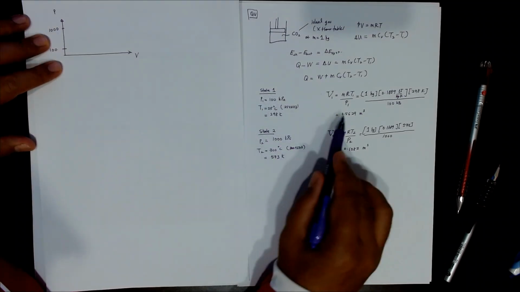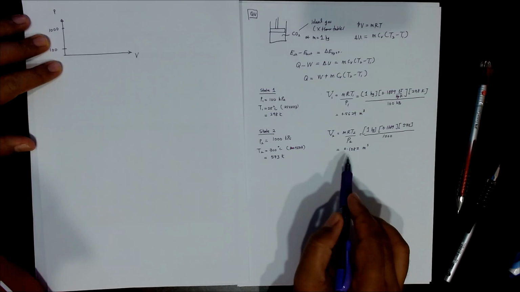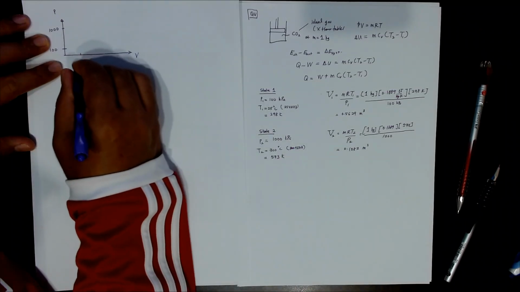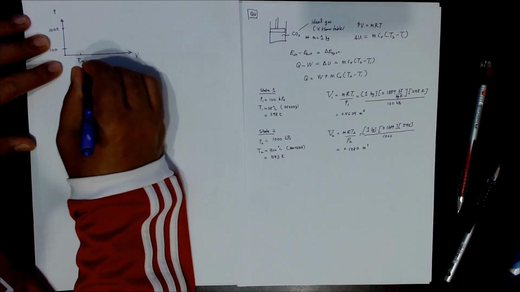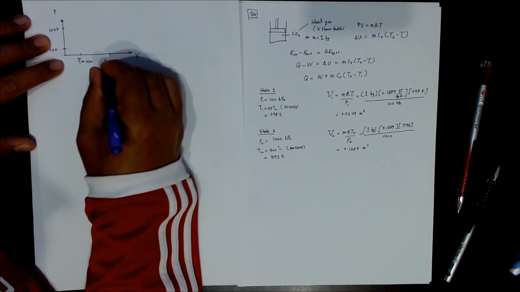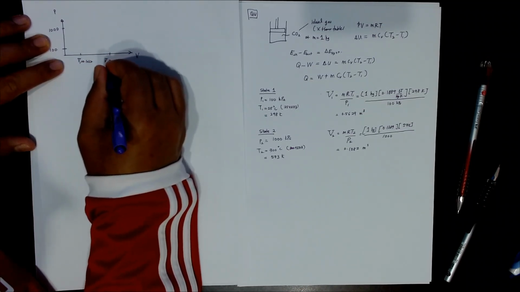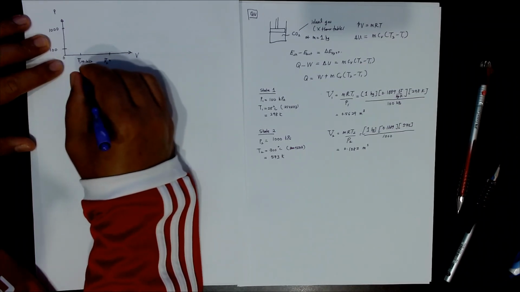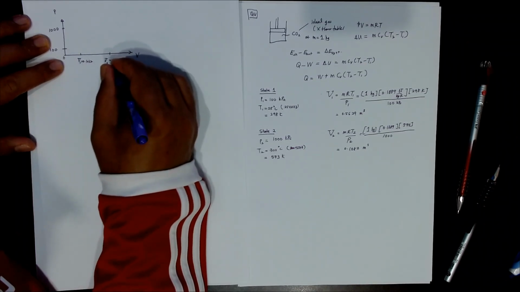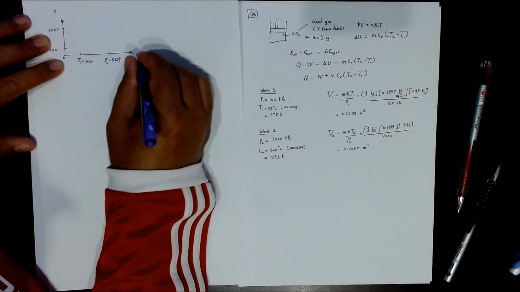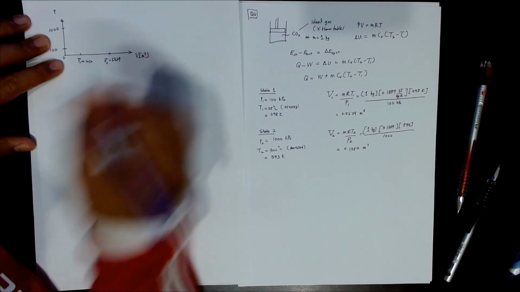On the PV graph, state 1 is at 0.56 and state 2 is at 0.1082, so V2 should be here. It is a very logical sequence.